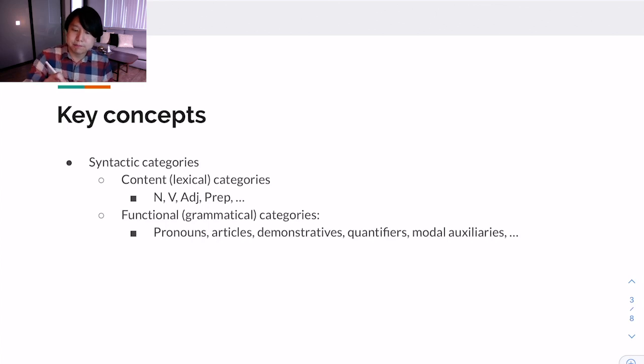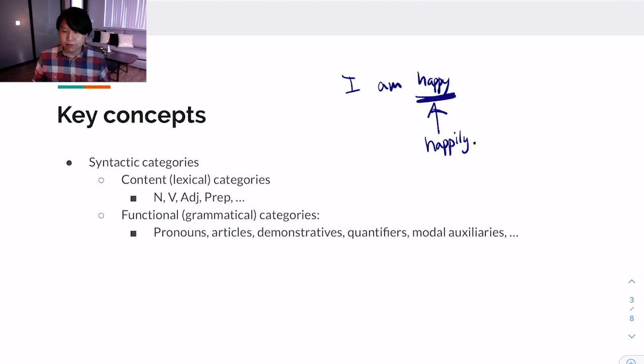So let's say I am happy. In this sentence, this is a place where an adjective can come. You cannot put I am happily, because happy is an adjective, happily is an adverb. You cannot make a sentence like I am happily because it's not grammatical.